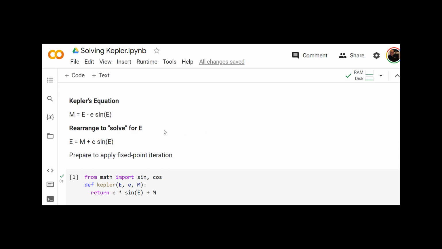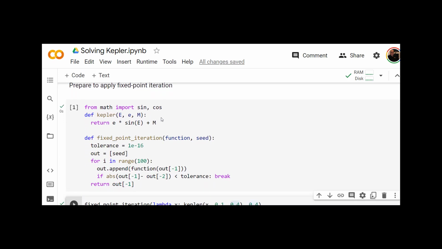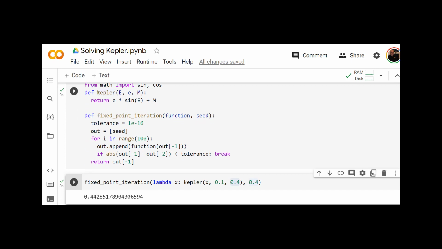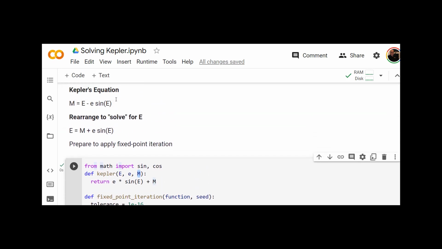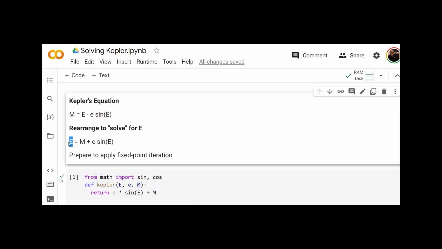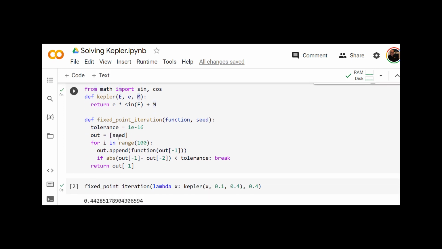I've written up this worksheet in Colab notebooks, which sets us up to solve Kepler's equation. Kepler's equation is actually a family of equations in which you can put different values of e and different values of M. I've set this up. Kepler here is in the place that this E is, or I guess it stands for what's going on over here.